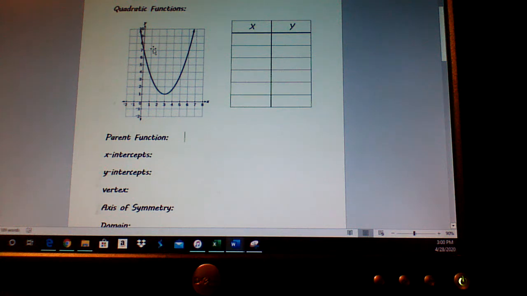In an equation, our function, if it's quadratic, has to have that squared piece. For instance, our parent function for a quadratic is y equals x squared.